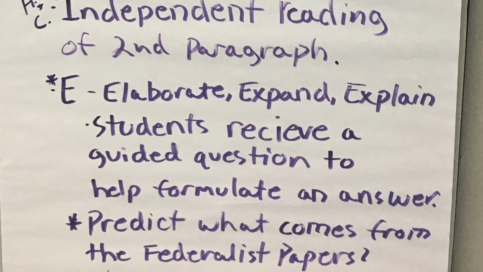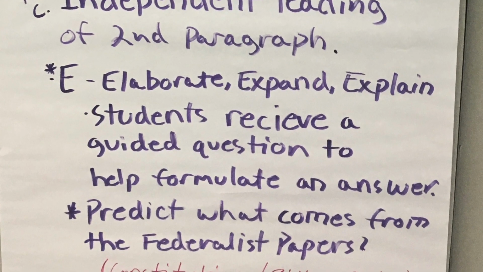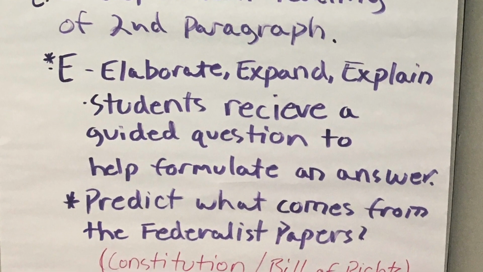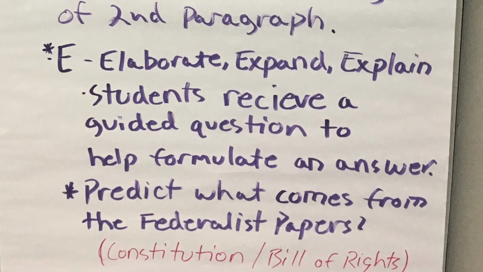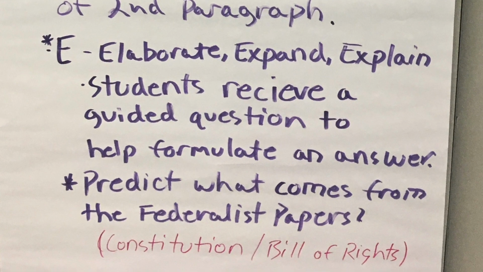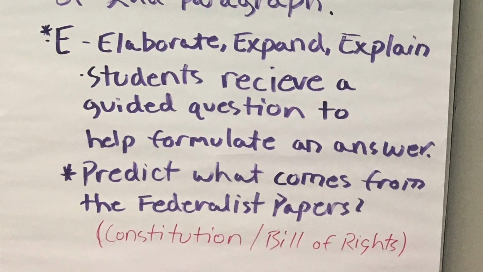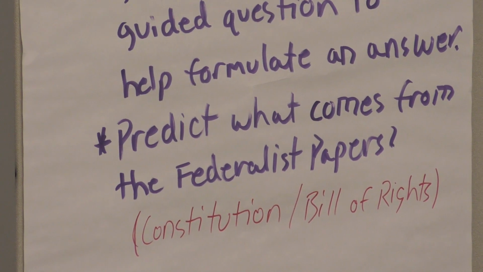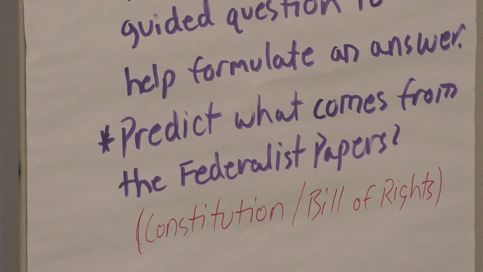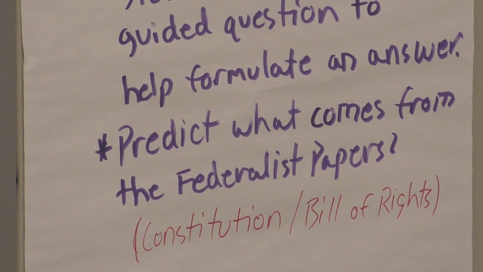We thought it would be helpful to give them a guided question to complete the E part of RACE. So we gave them a guided question to help them formulate the answer for E, something like predict what comes from the Federalist Papers, talking about the Bill of Rights and adding it to the Constitution, and so on and so forth, so that they finish out the RACE.